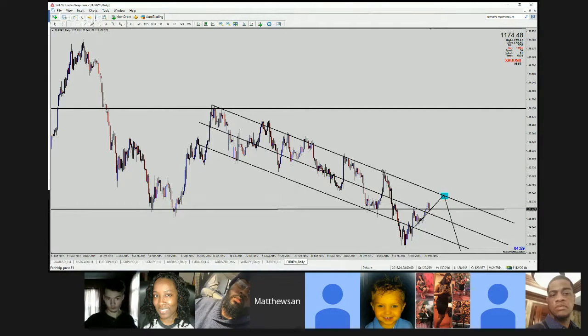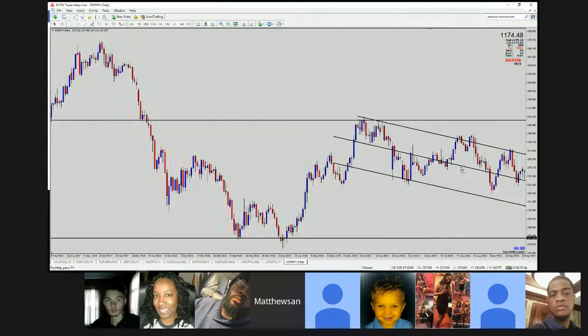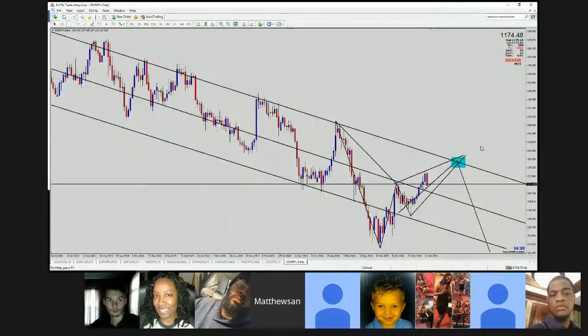Something like this. All right, just bear with me. Something like that. Something along those lines. But I see it respecting that trend. Let's go on the smaller time frame.